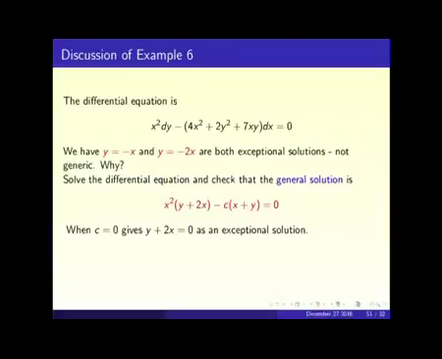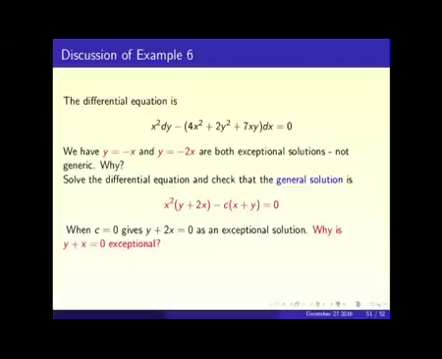Okay, you get the solution. The solution reads x squared into (y plus 2x) minus c into (x plus y) equal to 0. That's a general solution. Now, when you take c equal to 0, that gives you y plus 2x as a special solution.